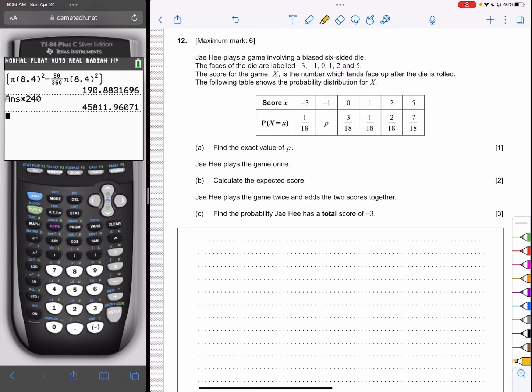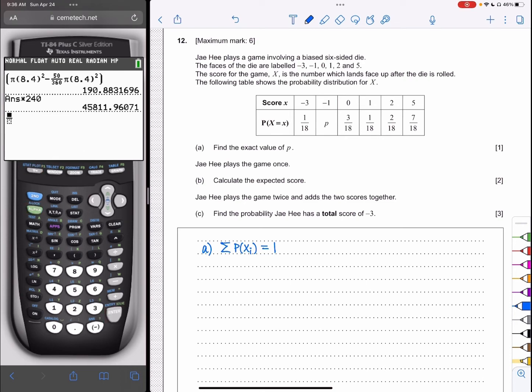So one thing you should remember is anytime you have your probabilities, you should understand that the sum of your probabilities should equal 1. All right. So I can say that the sum of all of my probabilities should equal 1 here. So when I add up all these numbers, I should get 1.